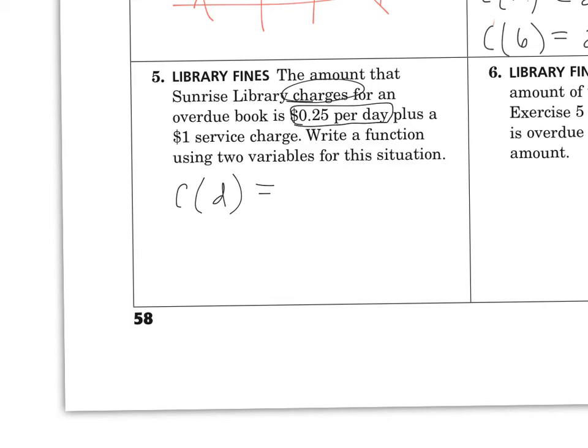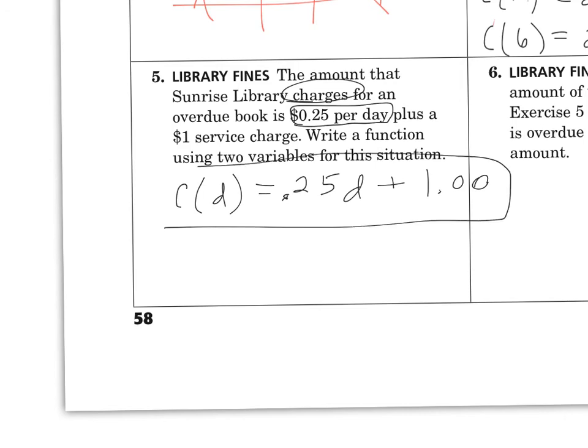And so it's 25 cents a day, so it's going to be 0.25 per day plus a $1 service fee. Okay, so notice that we're using dollars, so I have to use 0.25 for the pennies. Write a function using two variables for this situation. So that's what we did. This is what it is. And that's all you have to do.